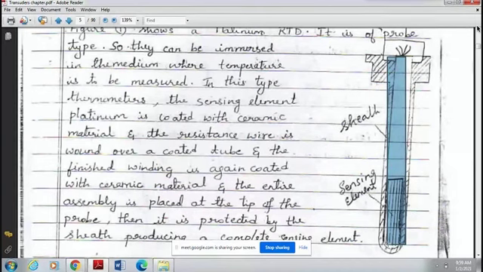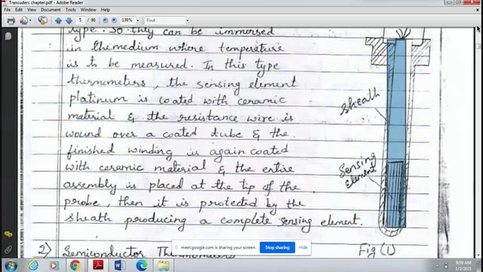After that, over it the resistance wire is wound around that particular sensing element, and that will again be coated by the ceramic material. The entire assembly will be placed at the tip of the probe, and this will be protected by the shield. You can see a box-like structure here.